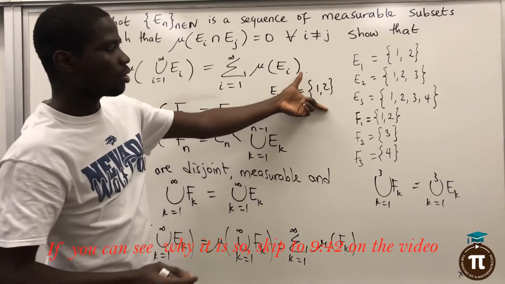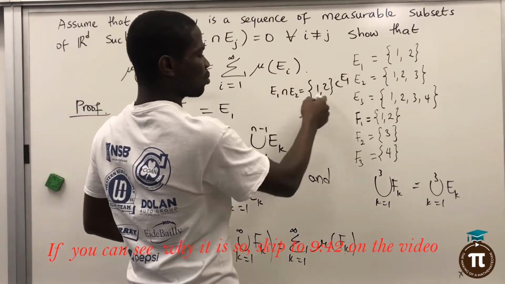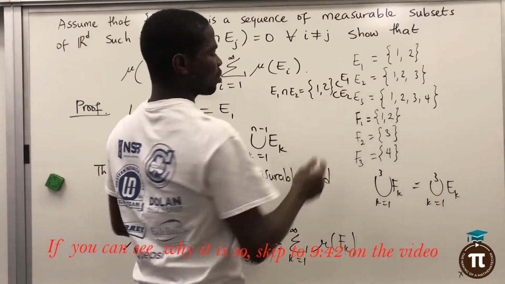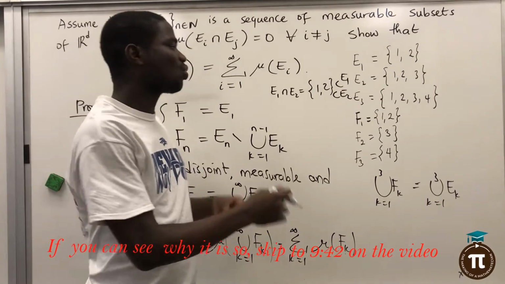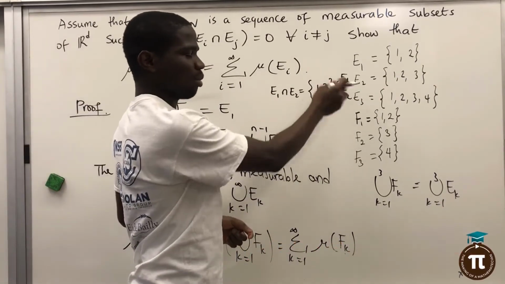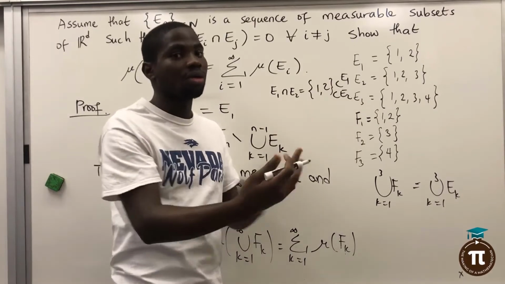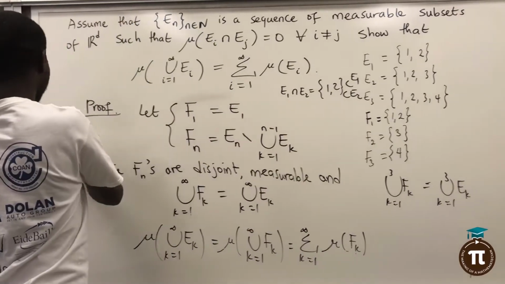You see, 1, 2 is fully contained in E1. 1, 2 is fully contained in E2. So when you take the intersection of two or more sets, you are very sure that it will be fully contained in any of those sets you take the intersection of. So that is what we have there.